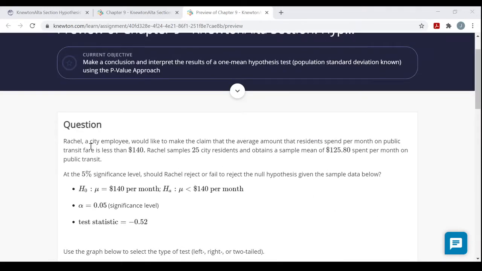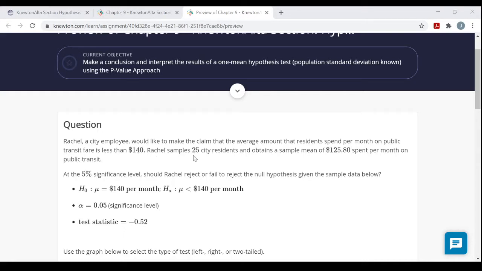All right. So we're seeing here, Rachel, a city employee, would like to make the claim. Right, always starting with some claim or belief or statement. She'd like to make the claim that the average amount that residents spend per month on public transit fare is less than $140.